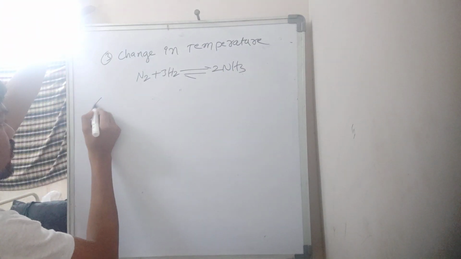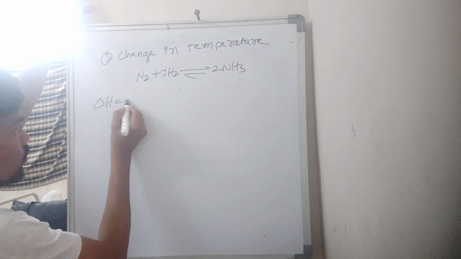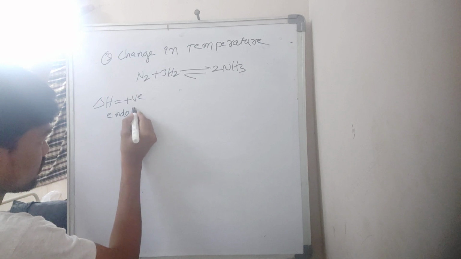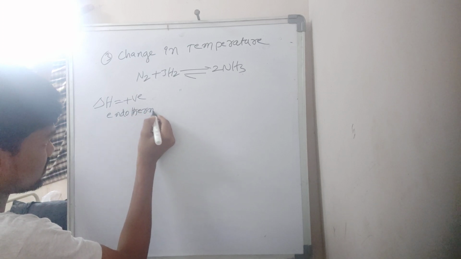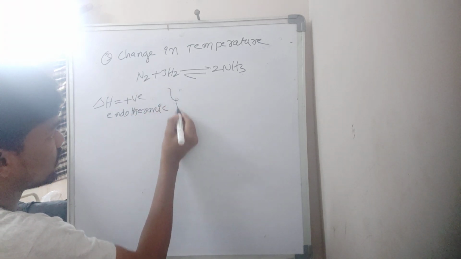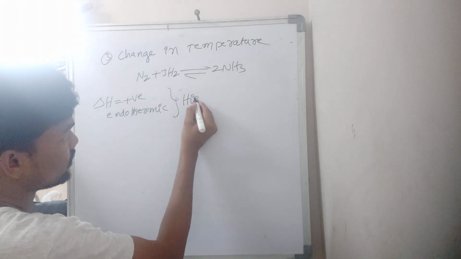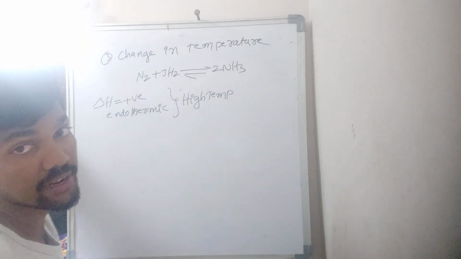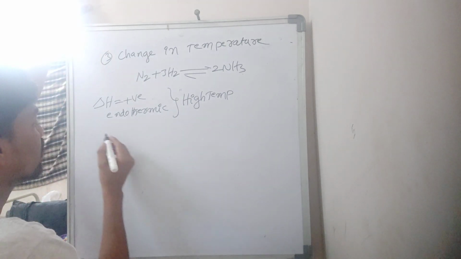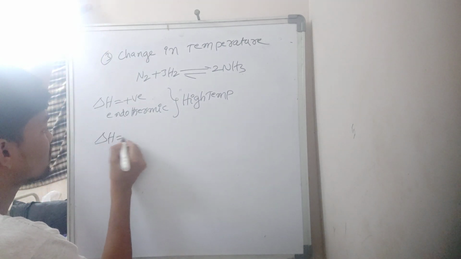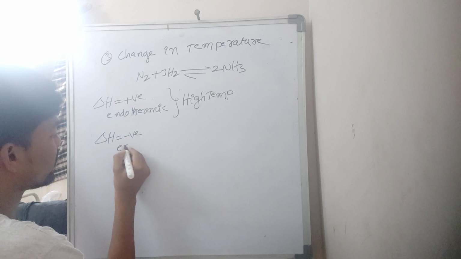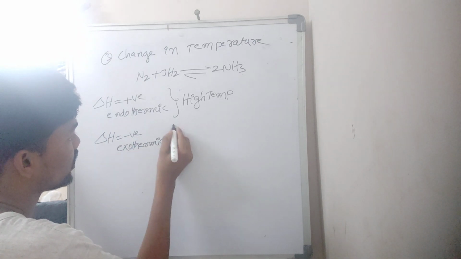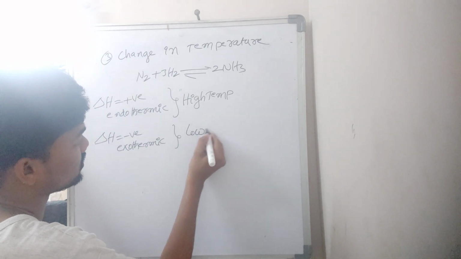Suppose delta H is positive, this is called an endothermic reaction. Endothermic means we have to use high temperature. Suppose delta H is negative, this is called an exothermic reaction. We have to use low temperature.